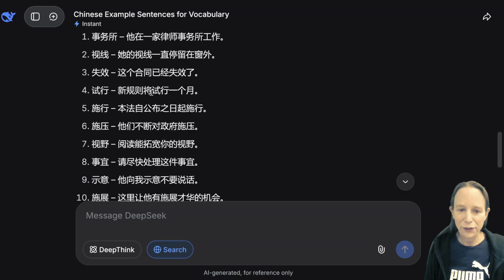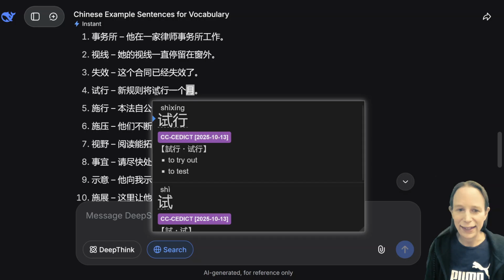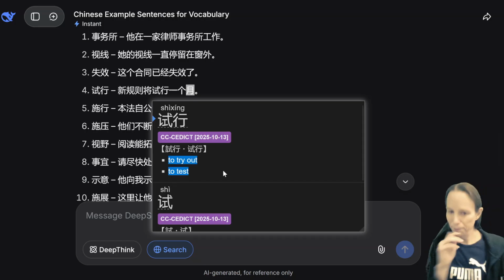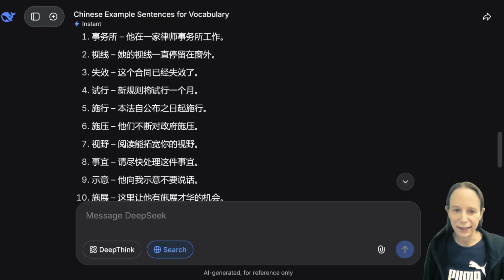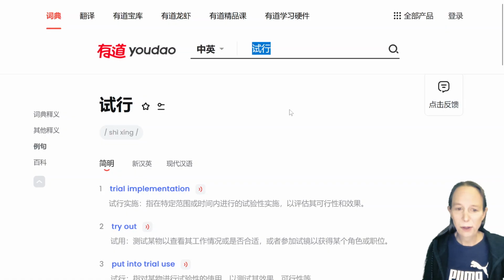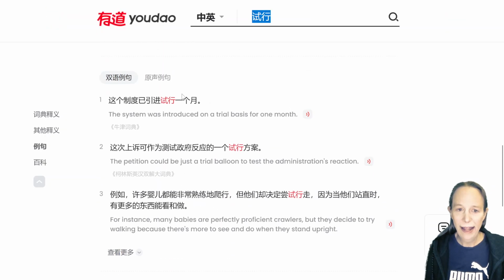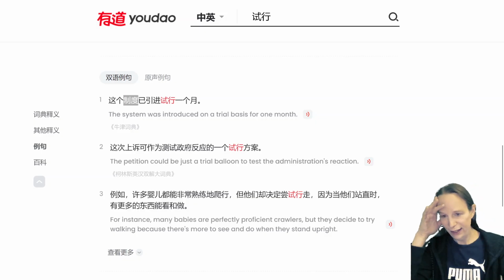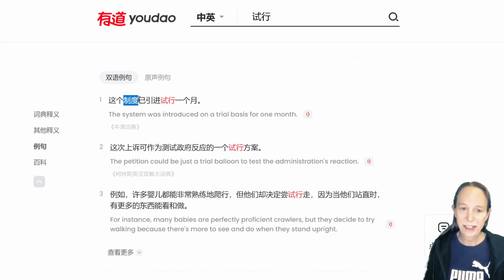So in the future, it will be a trial run for a month. Tried out, 试行. What things can be 试行? There are multiple other words that mean to try. Wow, it's almost the same sentence. Like a system, a governmental system or an educational system or something like this.